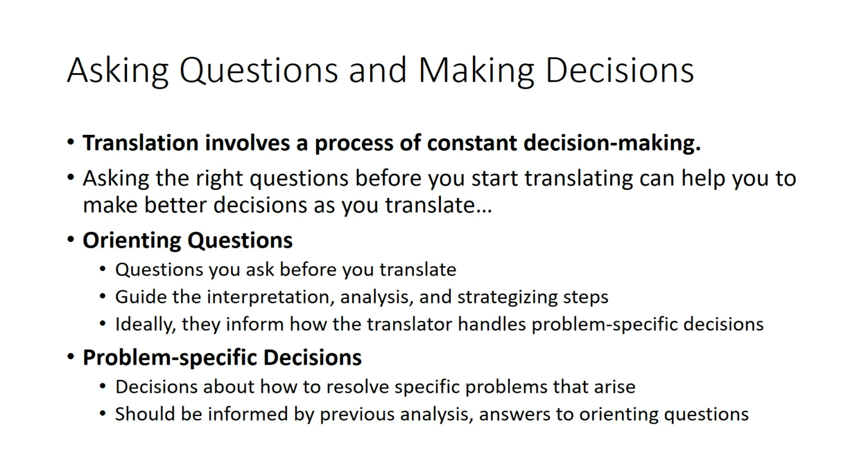So what are problem-specific decisions? These are decisions you have to make in order to resolve problems that arise as you're translating during that reformulation step. And these problem-specific decisions then should be informed by your previous analysis and your answers to the orienting questions that you made before you began to translate the text.